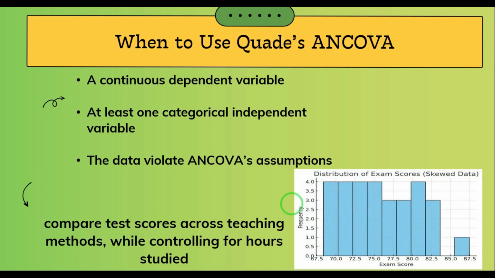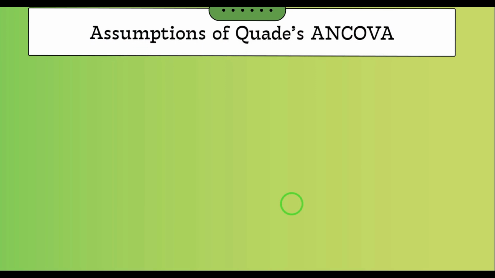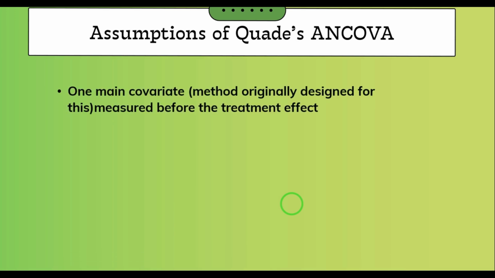Before doing the test, here's another important thing that needs to be considered. Even though Quade's ANCOVA is non-parametric, it still has some assumptions you need to know. First one is that the covariate must be measured before the treatment and not influenced by it. Like obviously in our example, the hours studied by each student was before taking the test.